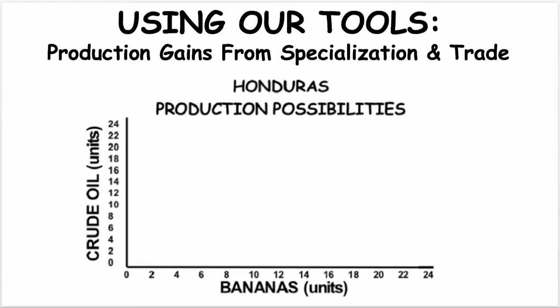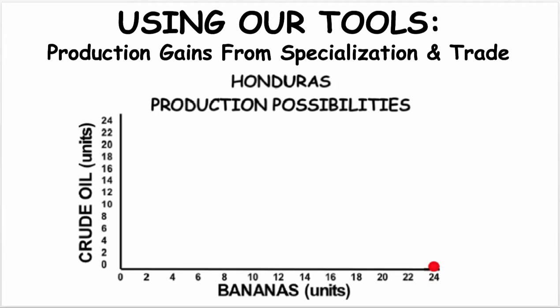So let's take those two ideas and put them into a production possibilities curve. So here we have the blank frame for the graph, crude oil on the vertical axis, bananas on the horizontal axis. If, as we said, the workers spend all their time producing bananas and none looking for crude oil, then maybe they could produce 24 units of bananas and 0 units of crude oil.